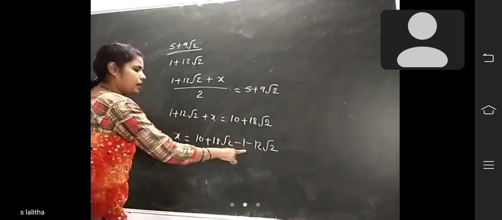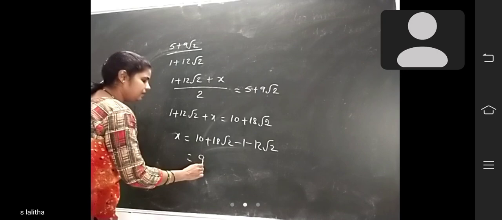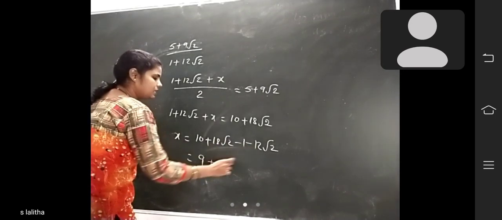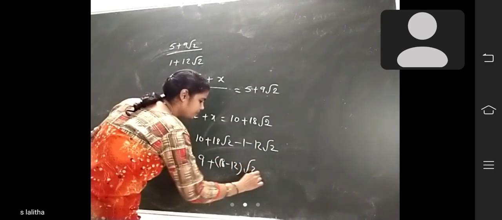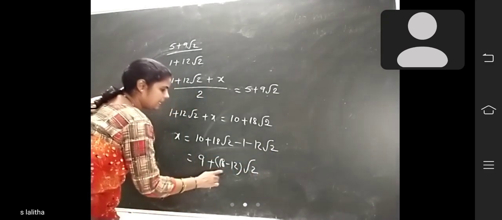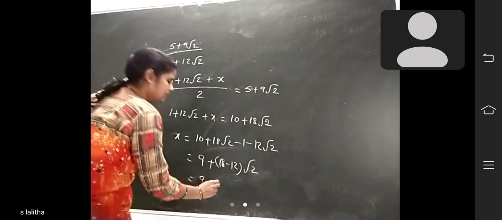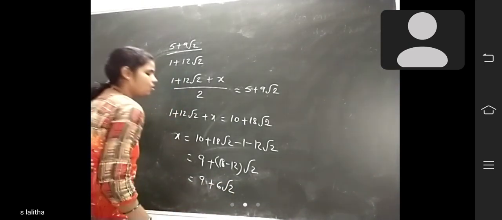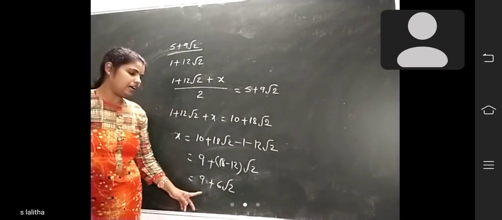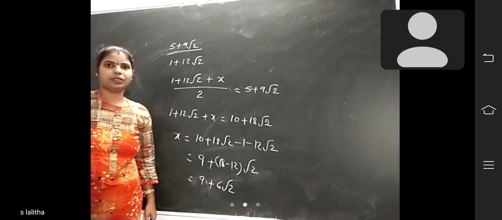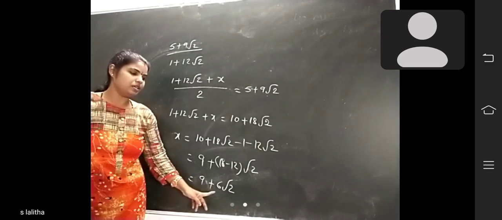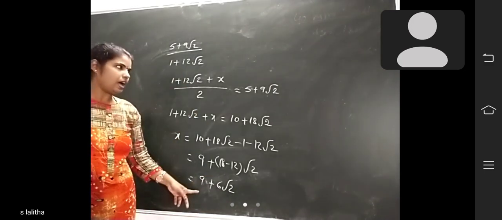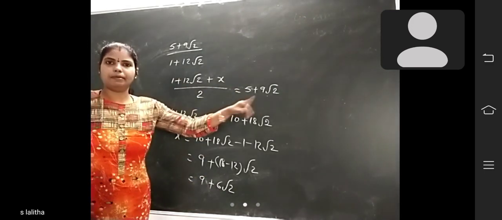So 10 minus 1 how much? 9, plus 18 minus 12 root 2. So 18 minus 12 how much, children? 6. 6 root 2. So what is the second number? 9 plus 6 root 2. So the first number is 1 plus 12 root 2 and the second number is 9 plus 6 root 2. If you take the average of these two, you get the answer 5 plus 9 root 2.